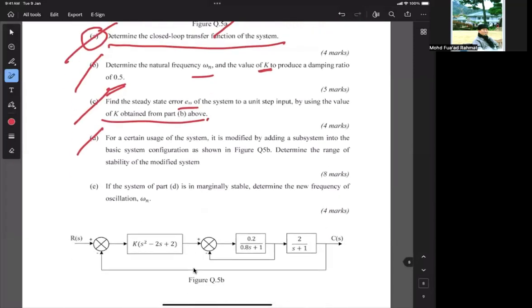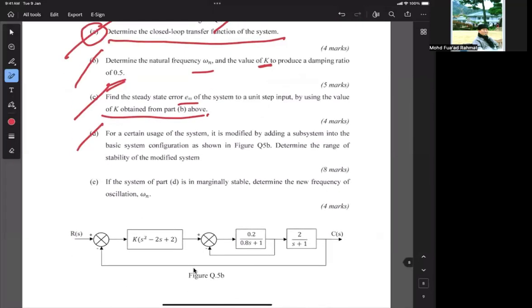For certain usage of the system, it is modified by adding a subsystem into the basic configuration as shown in figure Q5B.